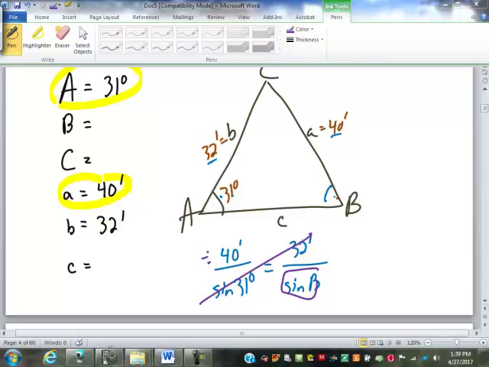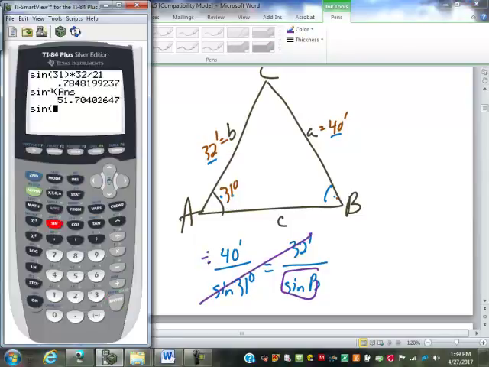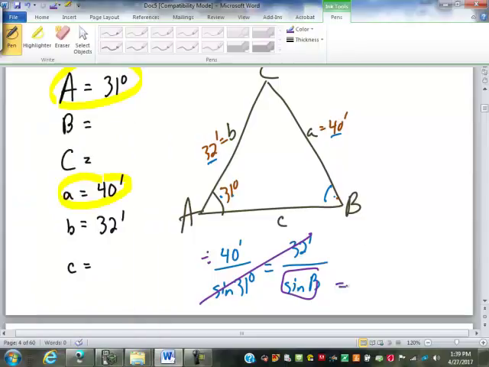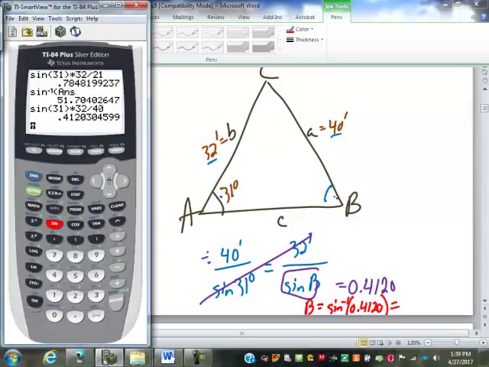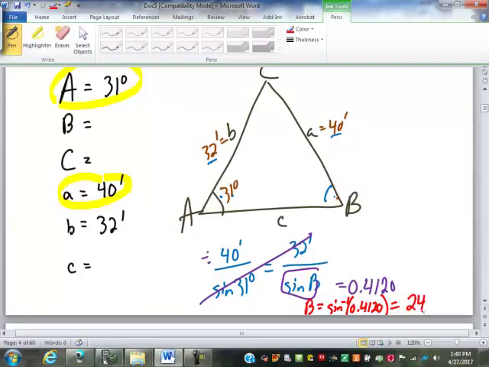Sine of 31 degrees, close that parentheses, times 32 divided by 40. 0.4120. And then, of course, we've got to do the inverse sine. B is equal to the inverse sine of 0.4120. So second sine, second answer. What'd you get? 24.33. I concur. 24.33 degrees, we'll call it.